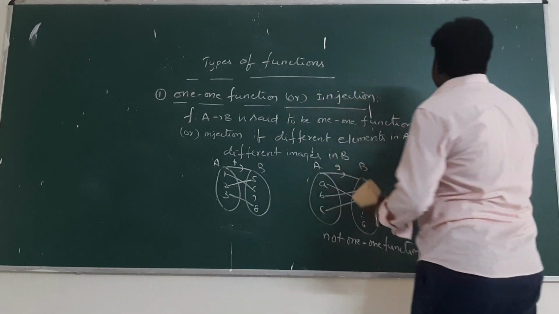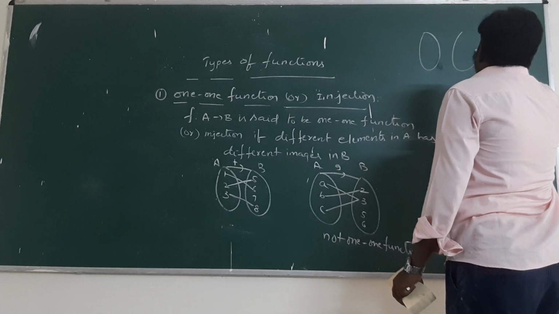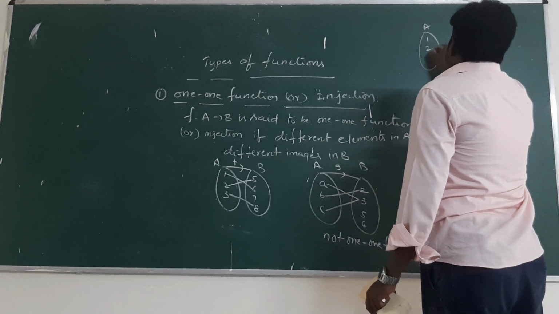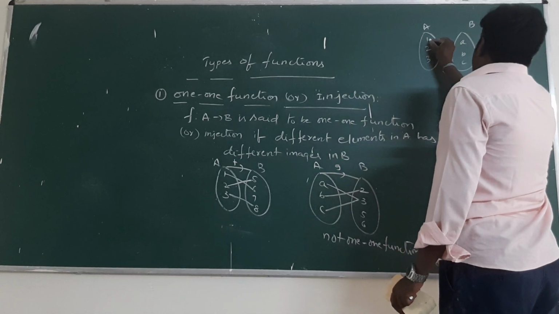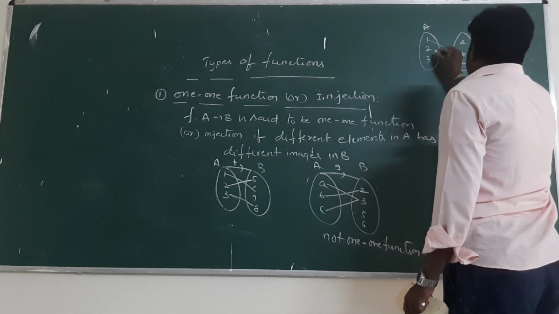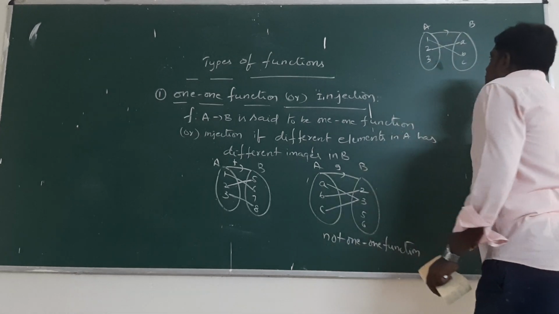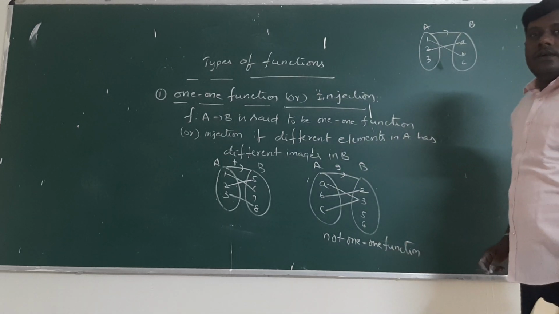We'll check one more example. Set A and set B. There is 1, 2, 3 and a, b, c. 1 is mapping with b, 2 is mapping with a. Is it one-one function? Observe.